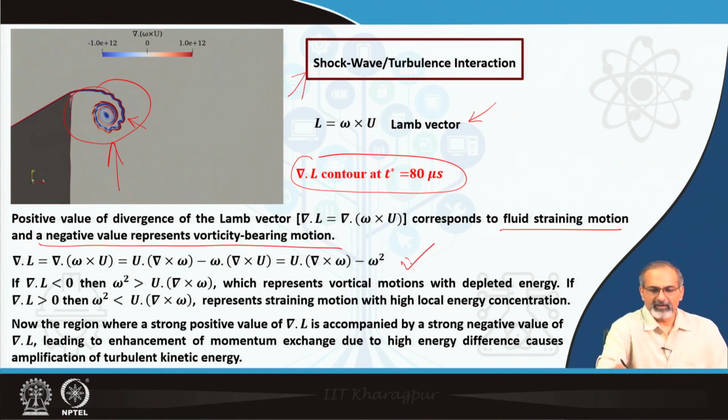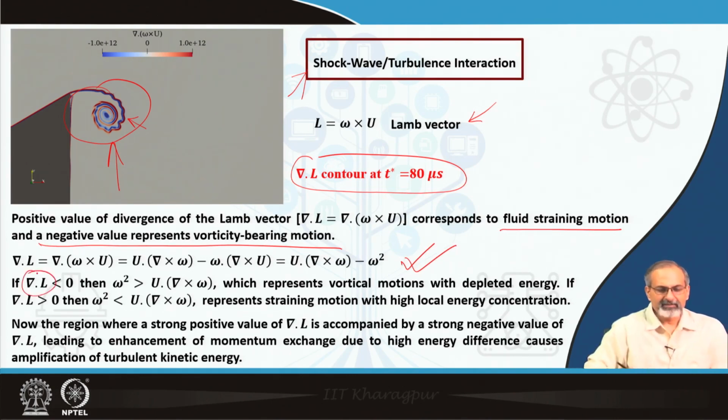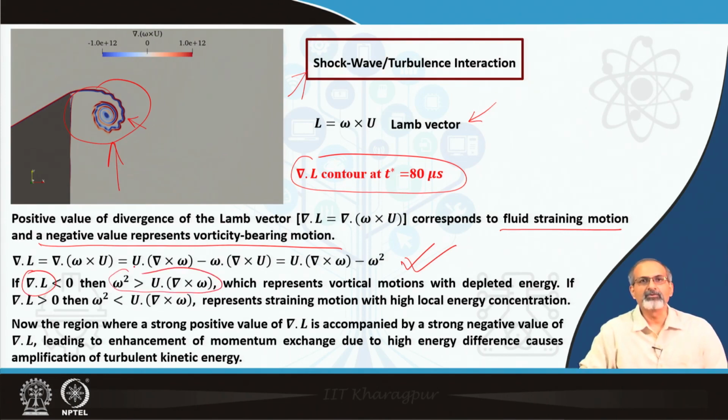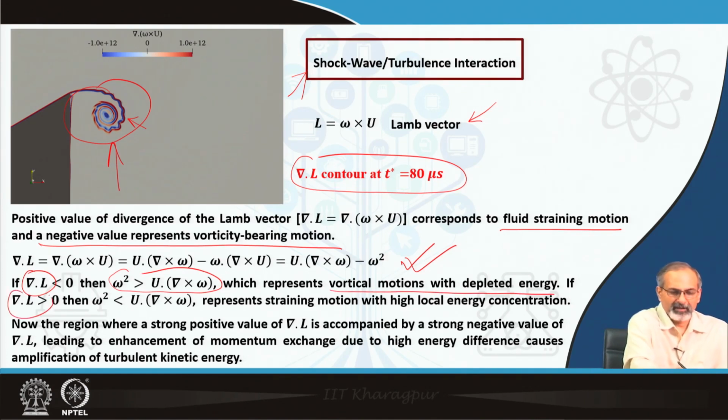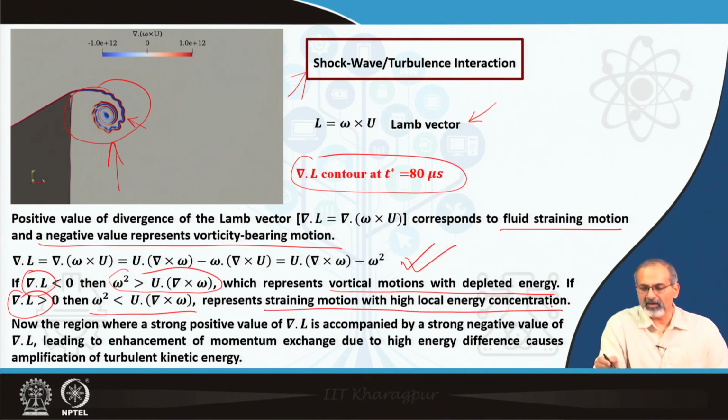You can expand the divergence L expression and show it to be of this form. So, if divergence of L is less than 0, then the term omega square is greater than u dot curl of omega, which represents vortical motions with depleted energy, while if divergence of L is greater than 0, then omega square is less than u dot curl of omega, which represents straining motion with high local energy concentration.